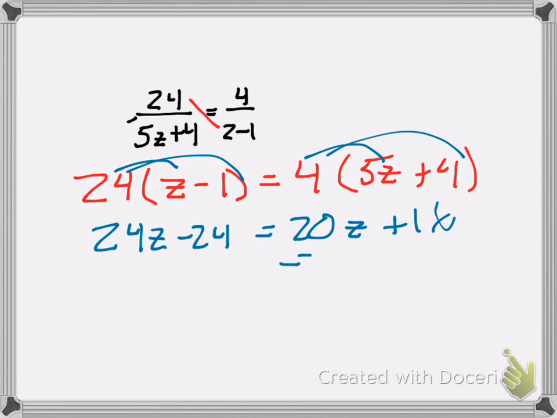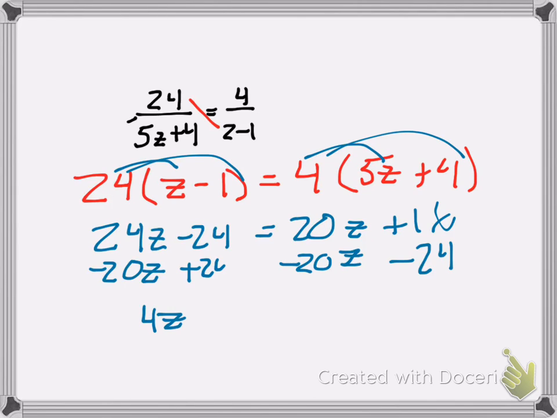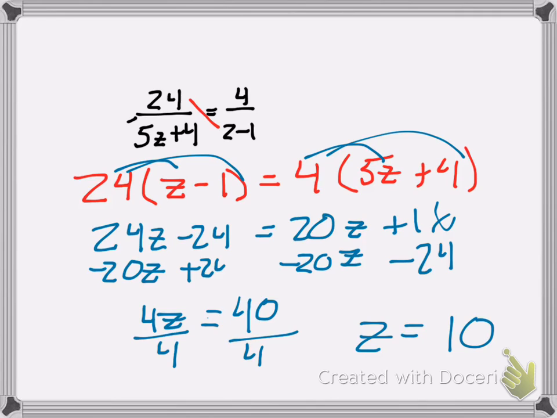I can then subtract 20z from both sides. And I can also add 24 to both sides. So on the left, I get 4z. On the right, 16 plus 24 is going to be 40. I can divide by 4. Z equals 10.